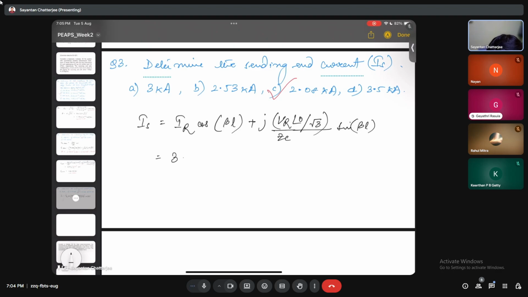IR is 3 kiloampere at an angle of minus 10, the current is lagging.